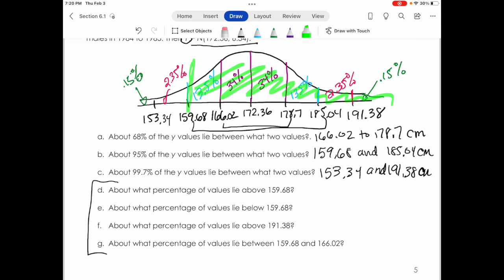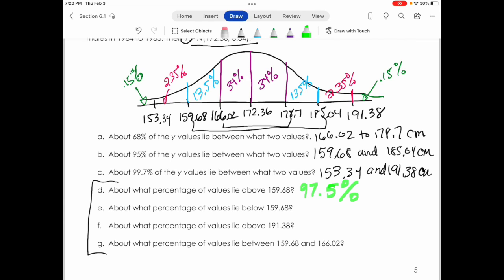So I would take 13.5 plus 34 plus 34 plus 13.5 plus 2.35 plus 0.15. That would give me 97.5%.